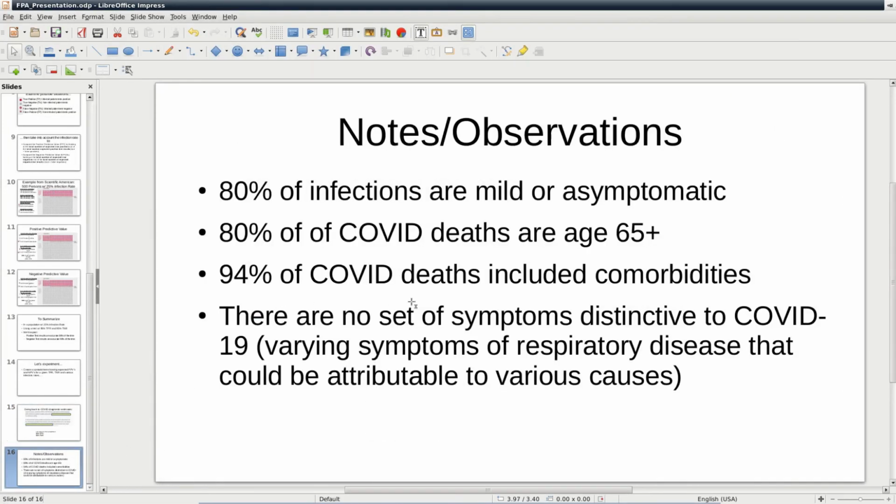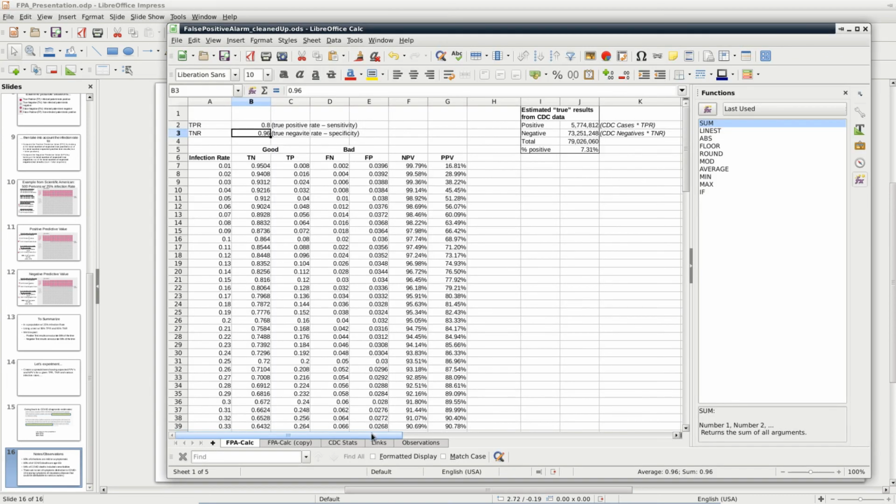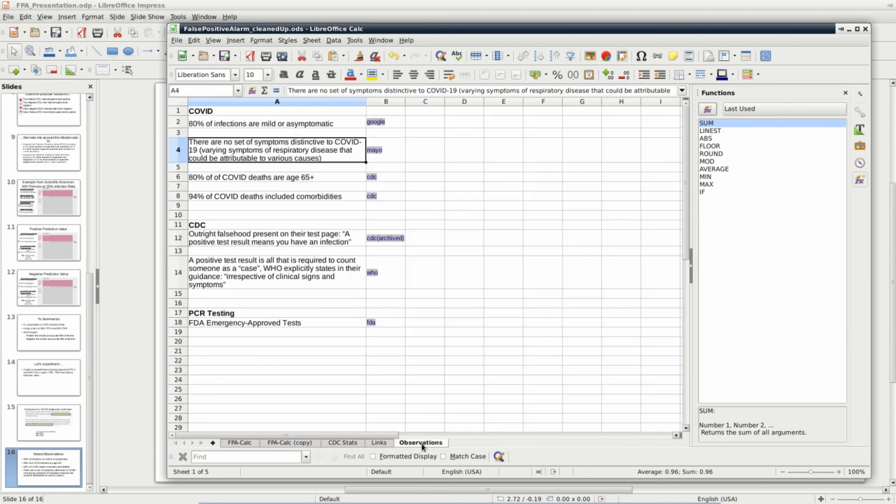Okay, to close this out, I wanted to put a couple of observations out there. This is all data. I put these little blurbs in the observations. There's a tab here, and it has some links that verify what I'm saying.